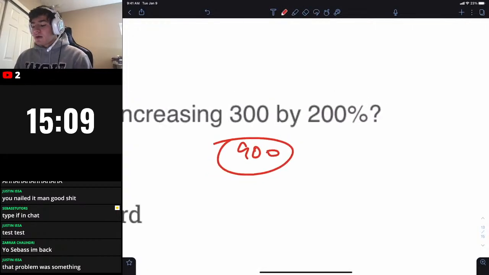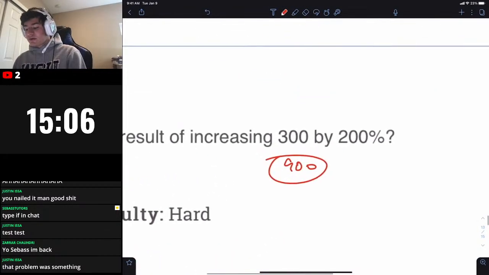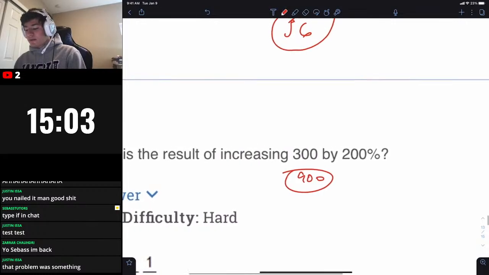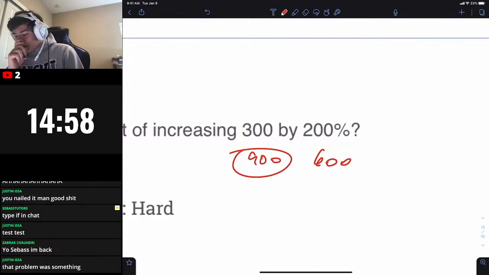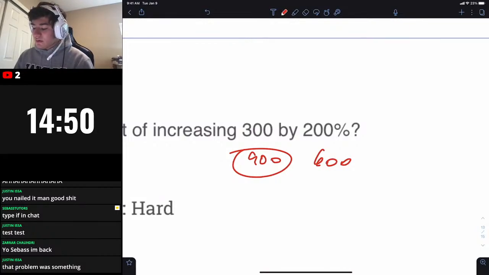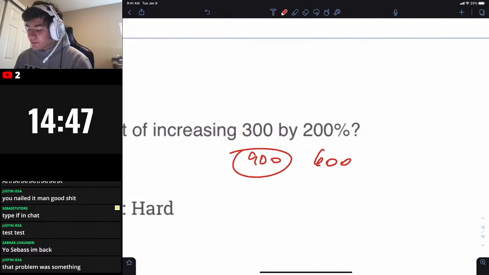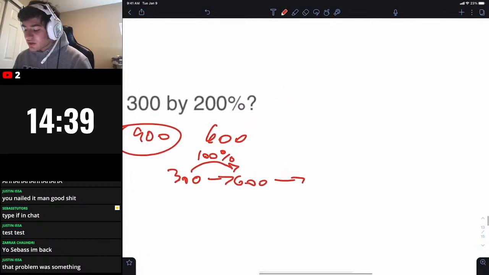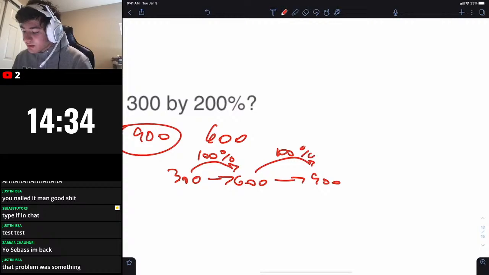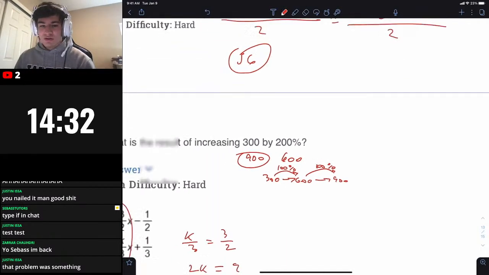Because if you increase 300 by 100%, then you get 600. And then if you increase again another 100%. So we know that going from 300 to 600 is 100%. And that's a 300 difference. So that means that another 300 difference to 900 would be another 100%, meaning that that's 200%. So the answer is 900.